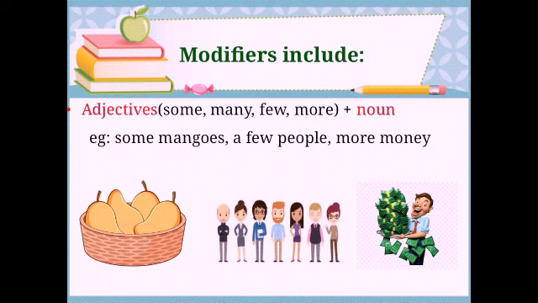So the adjectives plus noun, you can frame a noun phrase. For example, some mangoes. Mangoes is the noun there, and using the adjective some, we are getting more idea about the noun.